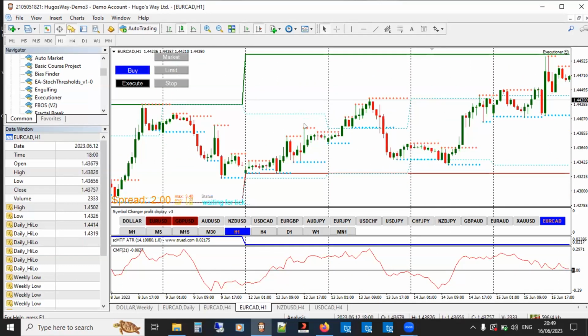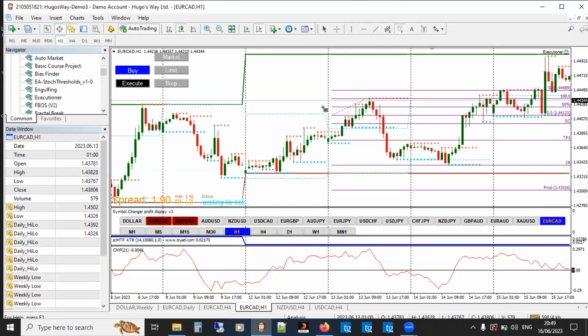So Monday gave us a fractal on the 12th. We went above, price closed below this highest bullish candle, right? Would have taken our fib and would have drawn this like this.